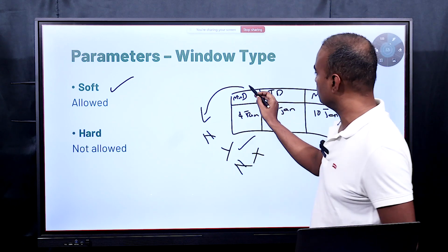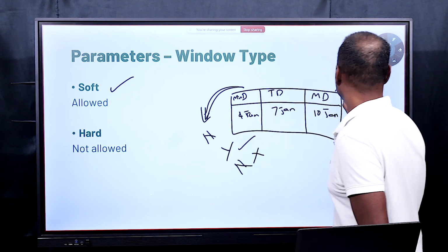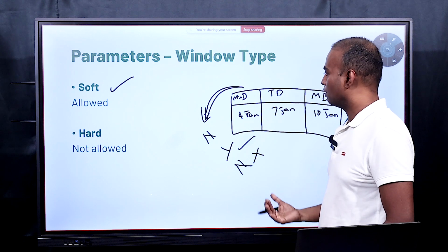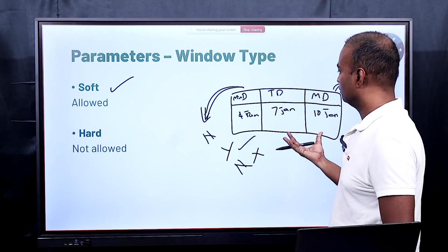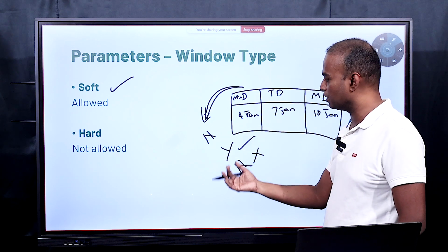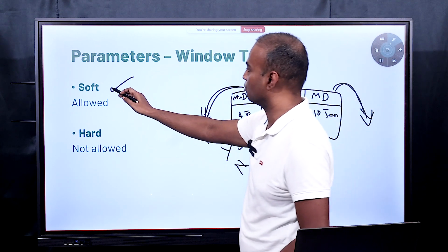It is possible both before the min day and after the max day. When the patient comes for the visit out of window, if it asks the question and allows the patient to continue in the study, then it is called soft window.